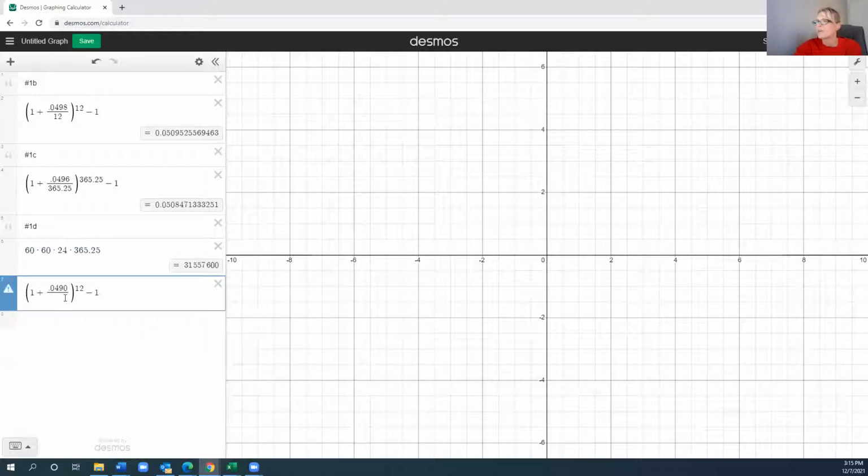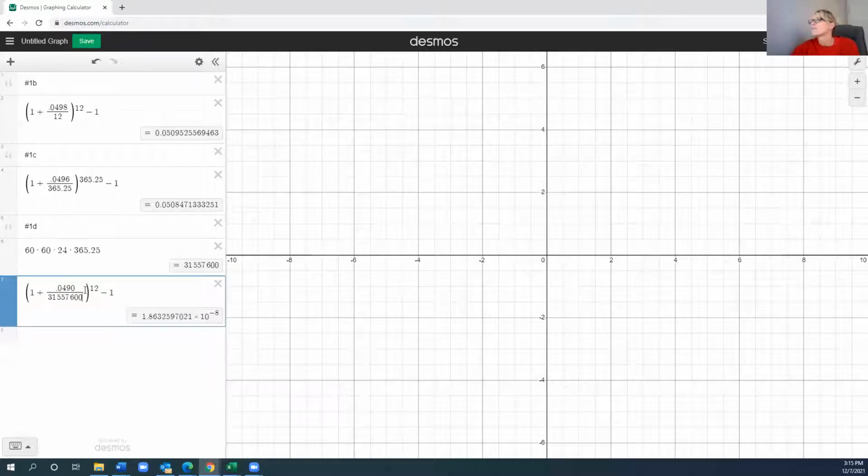So we have to use that as our N, 31,557,600. And then in our exponent too, 31,557,600. So that comes out to be 0.0502.